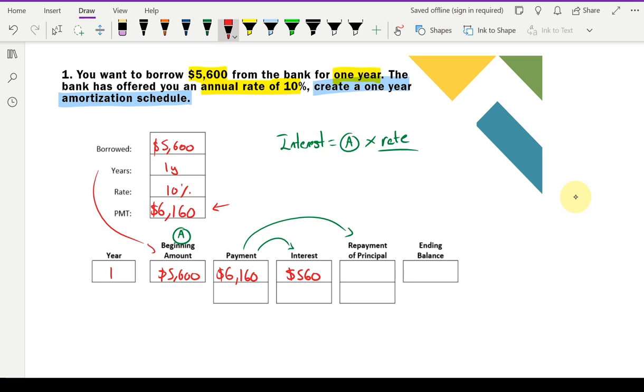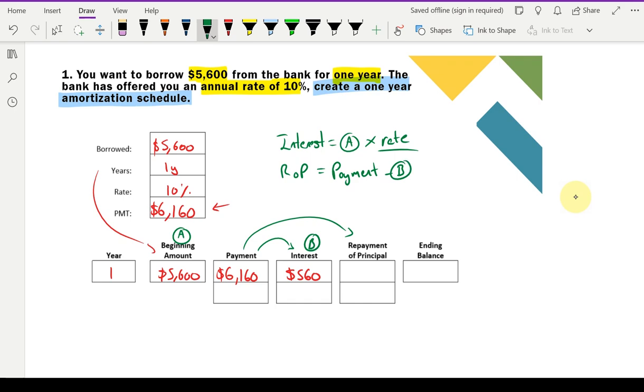Now the principal repayment, or repayment of principal, is going to equal the payment, let's call this B, minus the interest.